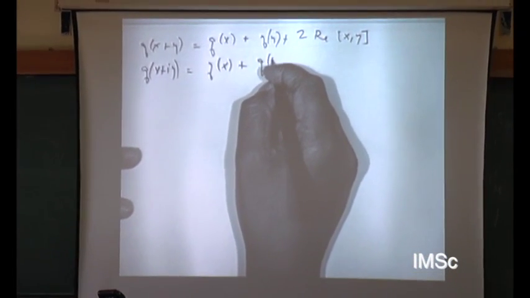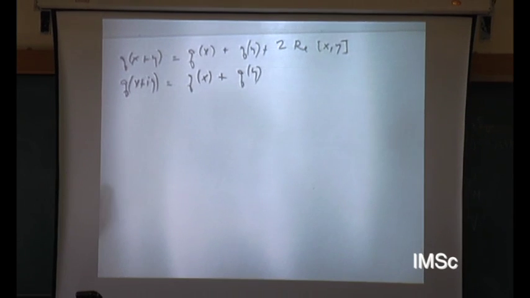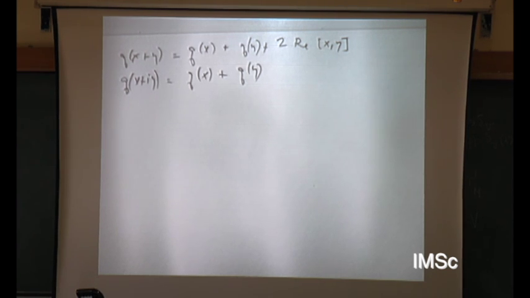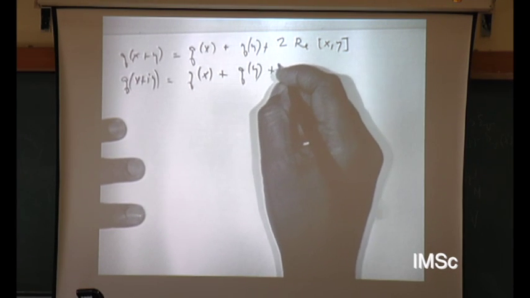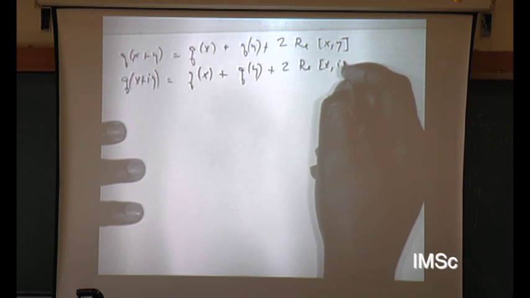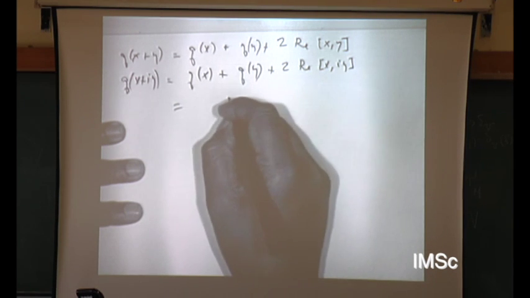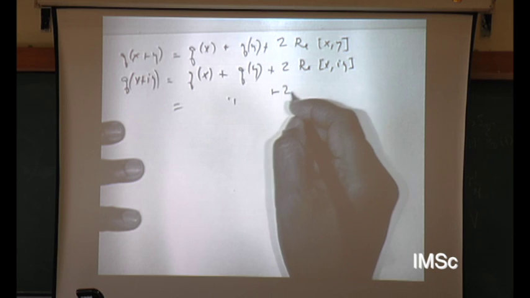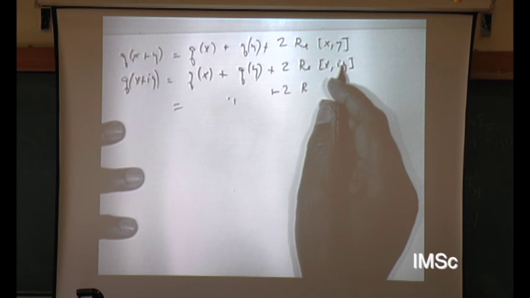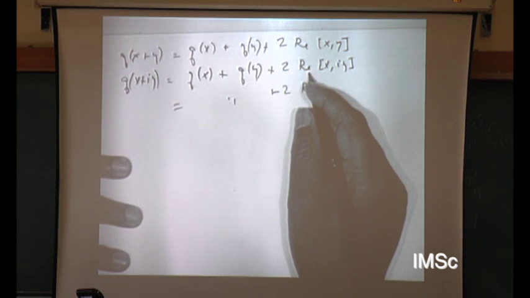Note that q of iy is the same as q(y) because the i and the i bar will come out and then kill one another, plus twice the real part of (x, iy), which is the same as minus, this i will come out as minus i, right?